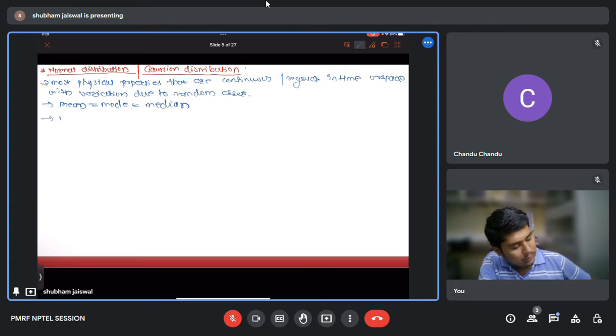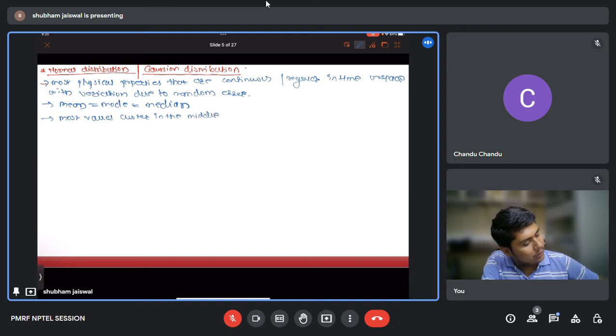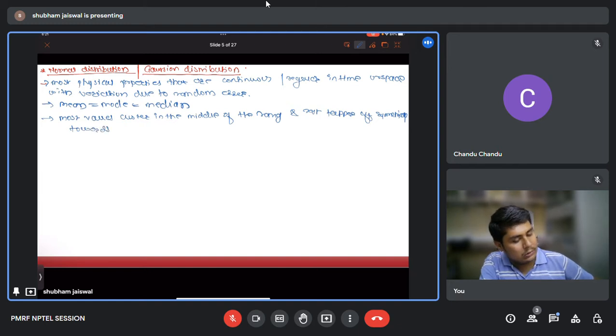So most values cluster in the middle of the range and the rest taper off symmetrically towards either extreme end.